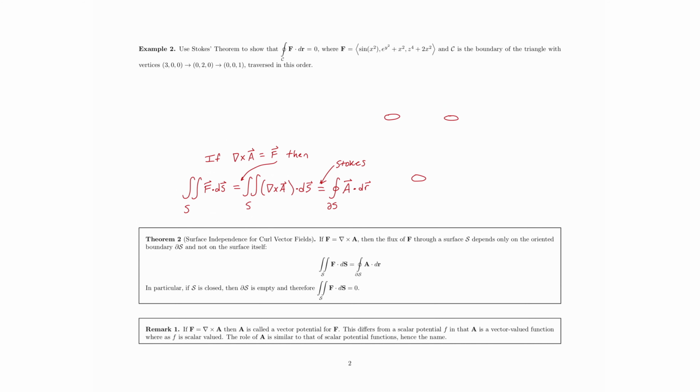So option one is maybe our surface does something like this. Right, so this is our surface S. And then we would orient these like this.